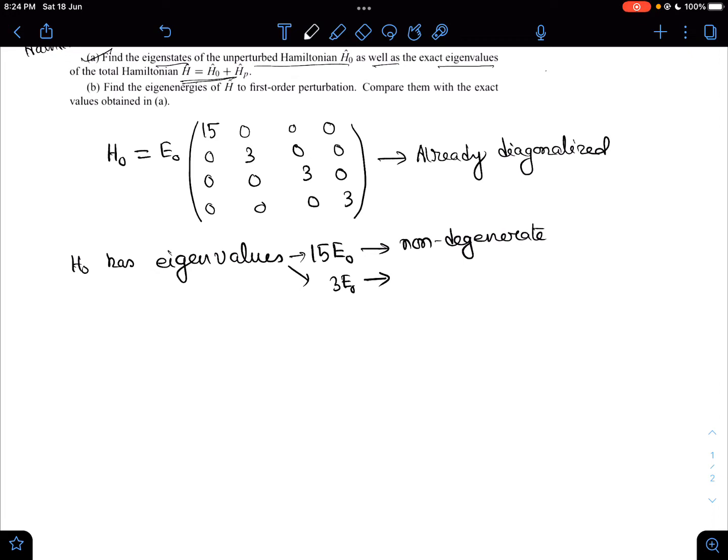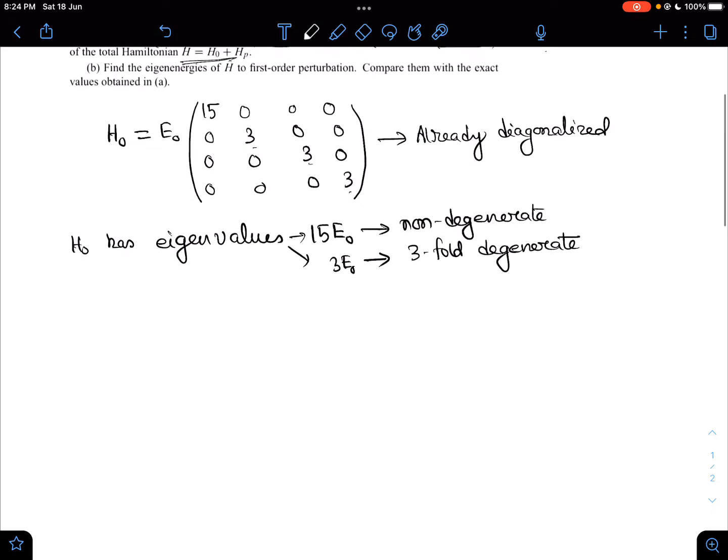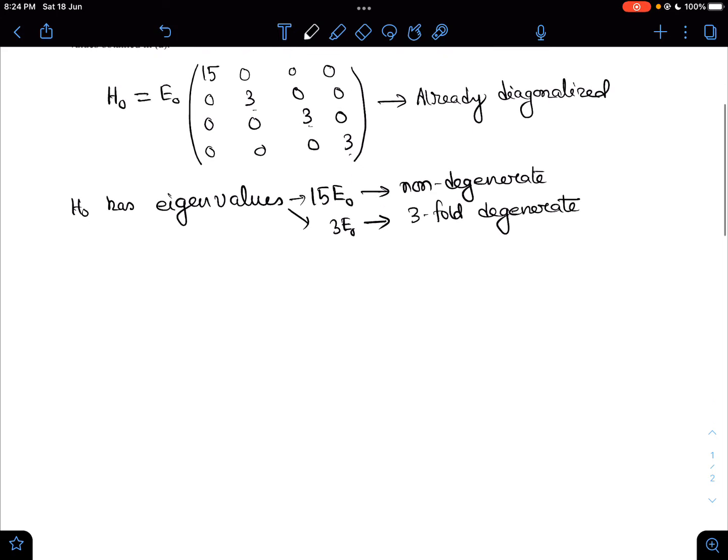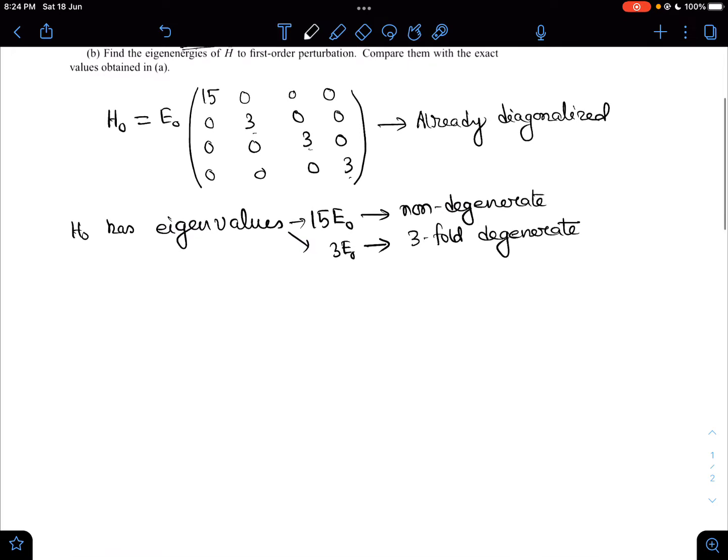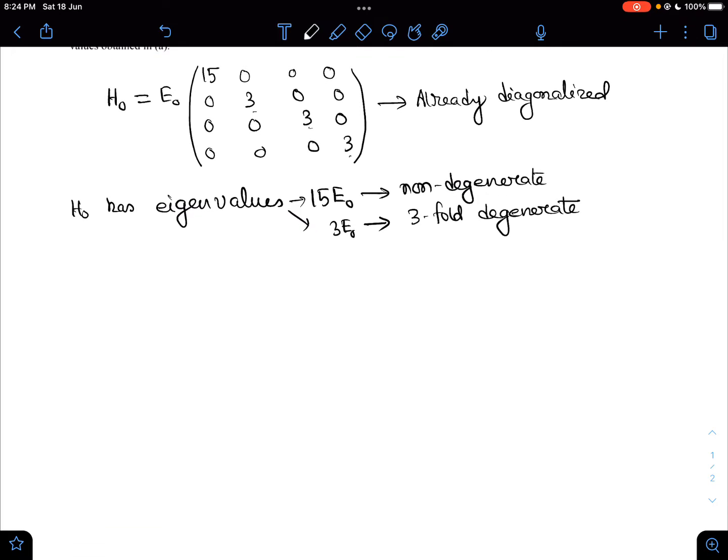This 3 E0, as you can clearly see, is threefold degenerate. So we have to find the eigenvectors corresponding to these eigenvalues.